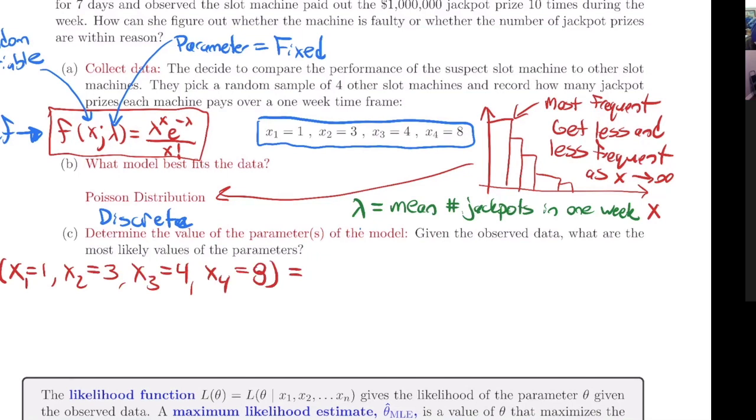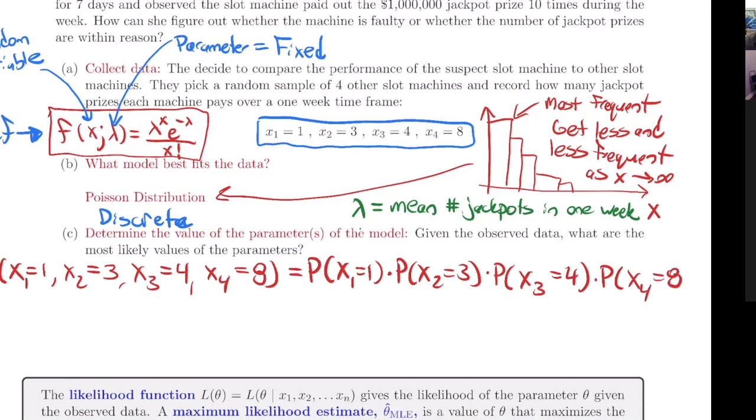Because we assumed that each of these observations was independent of the other, the probability that x1 is 1, x2 is 3, x3 is 4, and x4 is equal to 8 is the same thing as calculating each of these probabilities separately and then multiplying them together.